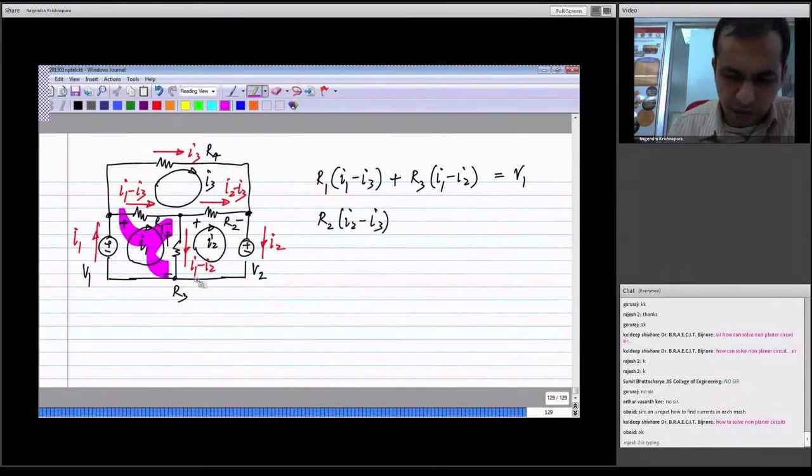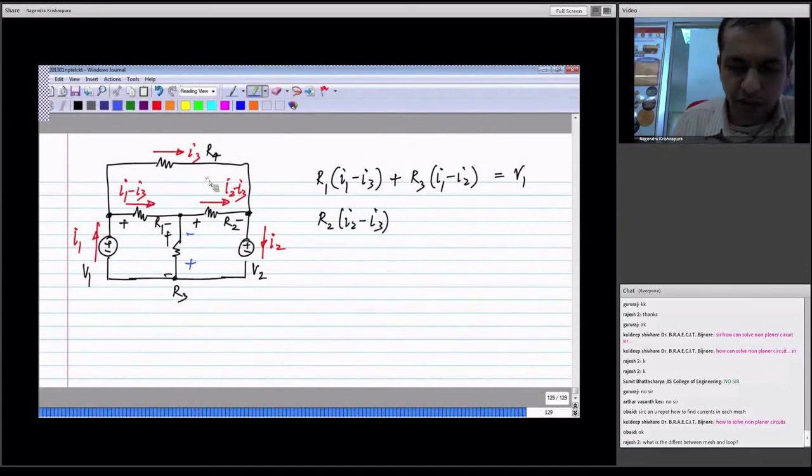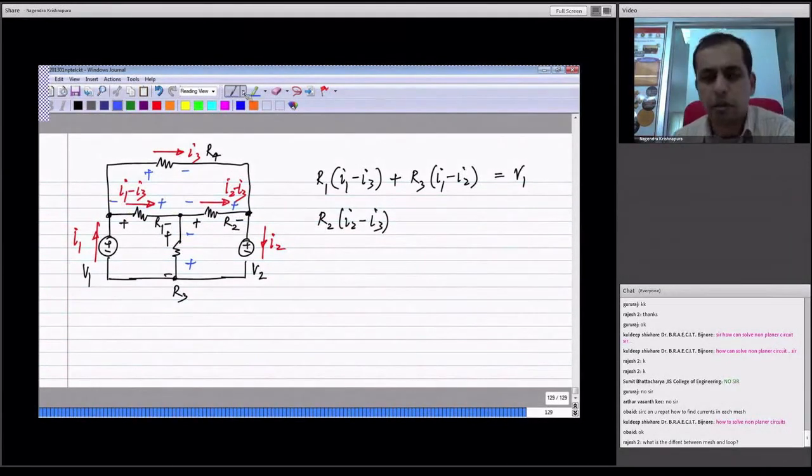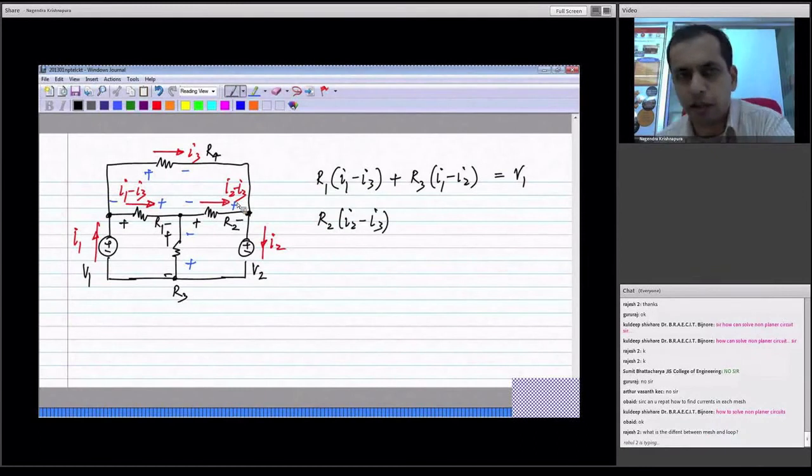Maybe I'll erase some of these things. So while writing the equation for the second mesh, we take the drops in that direction. While writing the equation for the first mesh, we take in this direction, for the second one in that direction. And for the third one, again, we would do it in the clockwise direction. Voltage drops in the clockwise direction, like that, and like that. So this is just convention. Even if you write it the other way around, you will get the right answers. But if you follow this convention, the equations will come out in a systematic manner.